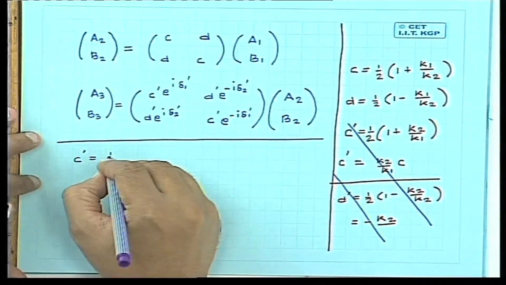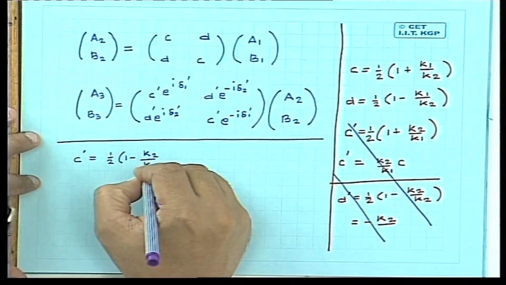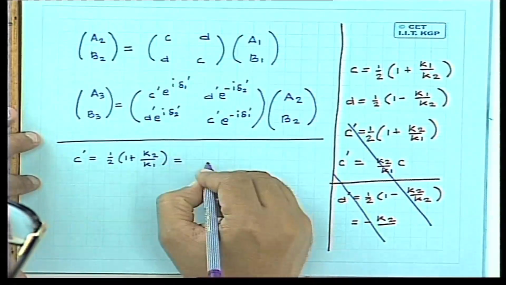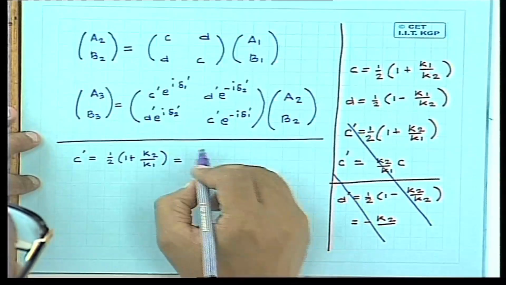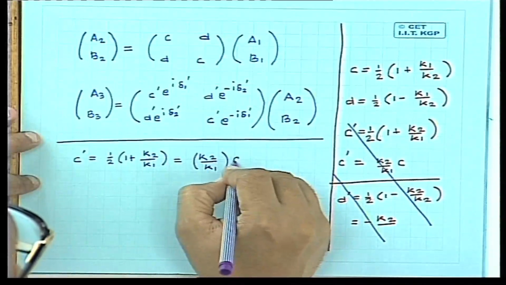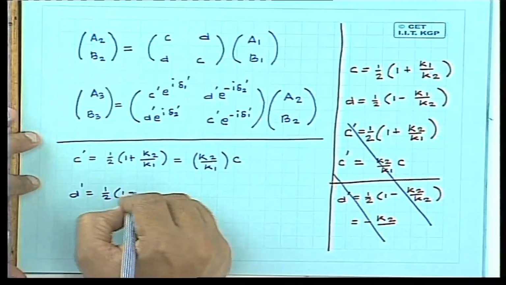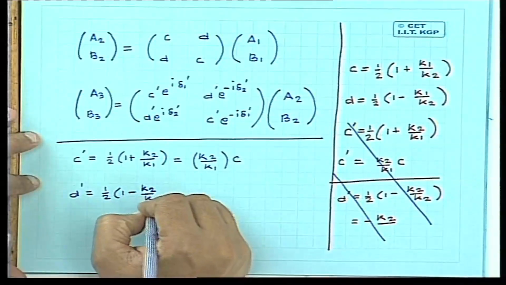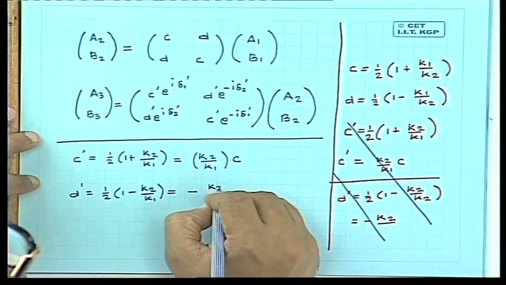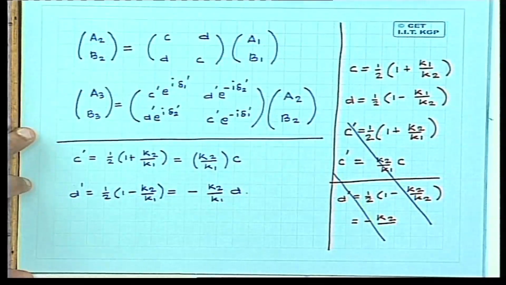C prime is equal to half 1 plus K2 by K1, which is equal to K2 by K1 into C, and D prime is equal to half 1 minus K2 by K1, which is equal to minus K2 by K1 into D. Okay.